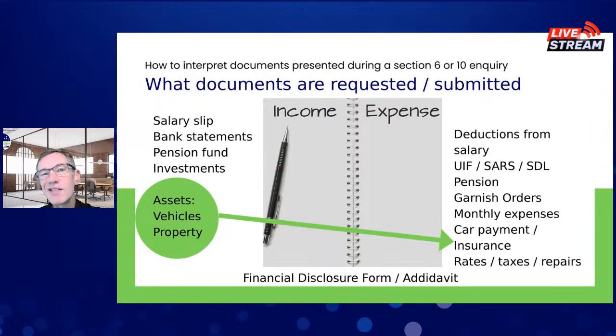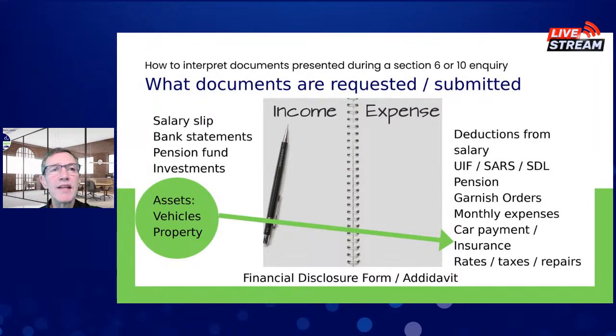So that was a very easy calculation to make, because the skills development levy amounts to 1% of the total income of the respondent. We could just backtrack that and make a reverse calculation. We could establish what was the correct amount that was given as income to the respondent's employer.